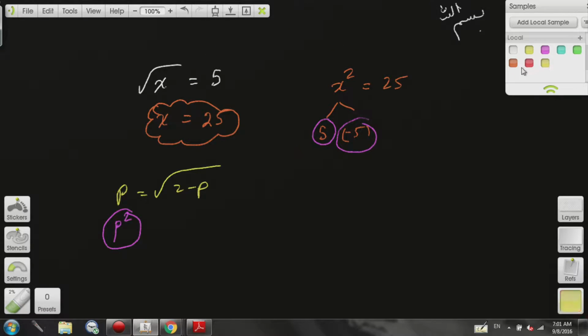In general, in algebra, the number of solutions to an equation equals at most the degree. So x plus 5 equals 3 will have one solution. x squared plus 3 equals 5 can have at most 2 solutions.